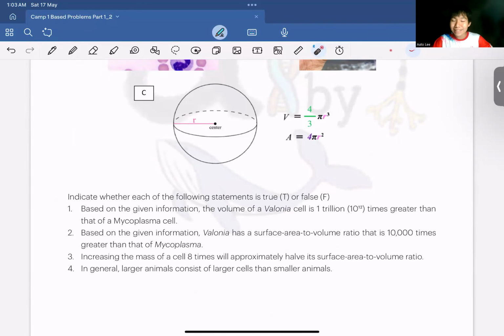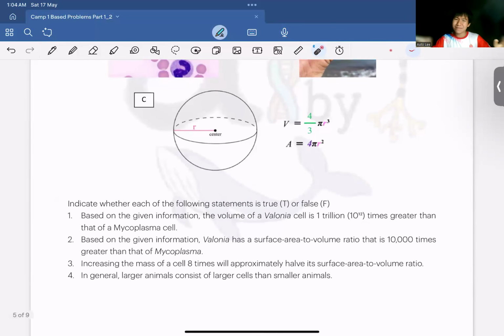This is a multiple true-false problem, which means we are given four statements, and we must indicate if each of them is true or false, from our knowledge of biology plus the information given in the problem.